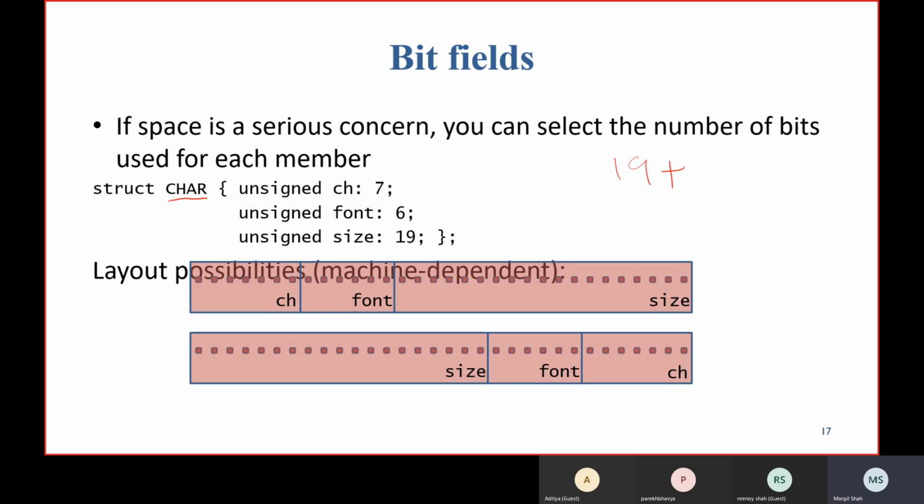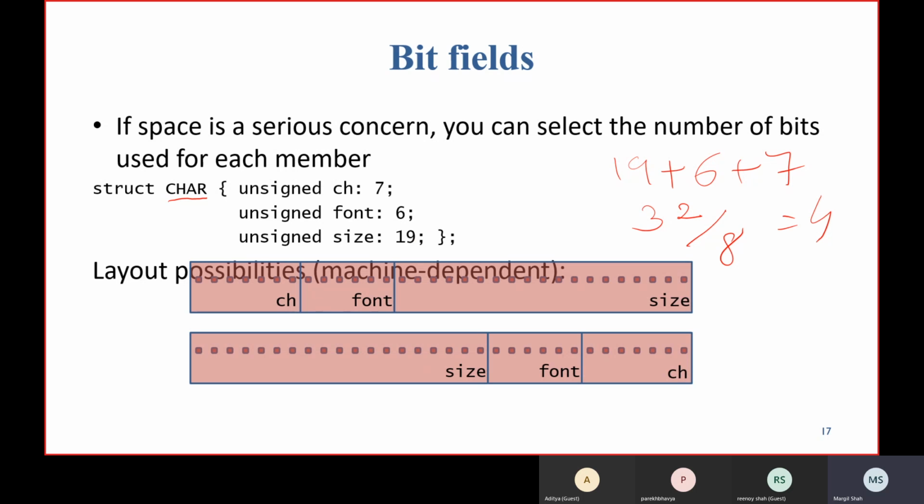That is 19 plus 6 plus 7, so 6 plus 7 is 13, 13 plus 19, total is 32. So 32 bits used. Now 32 divided by 8 is exactly 4 bytes. So no problem with that.